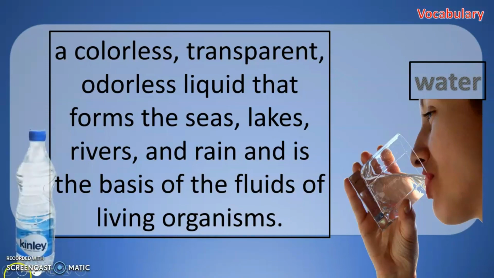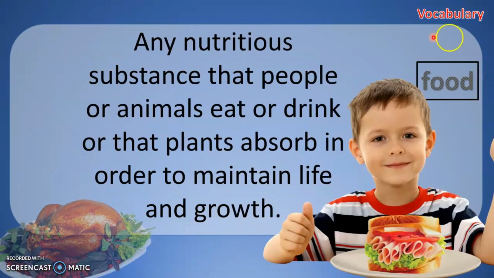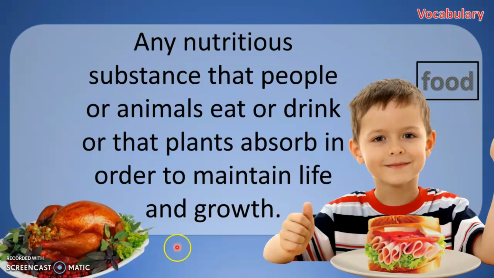And we need as well food for us to grow and be healthy at the same time. So we're done with three important or essential elements that we need for us to grow healthy.